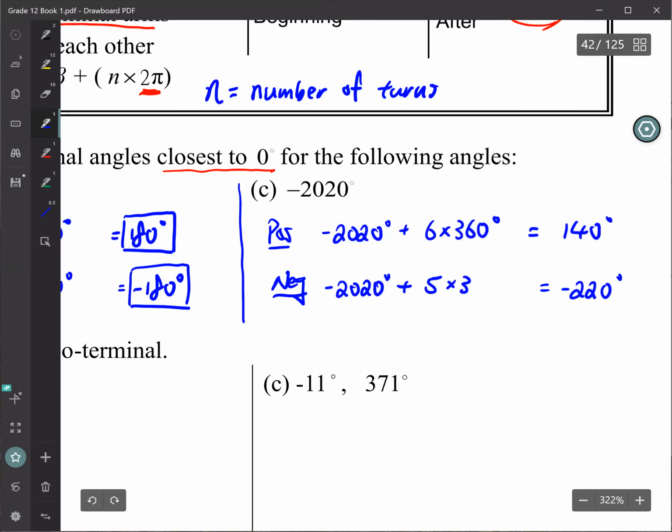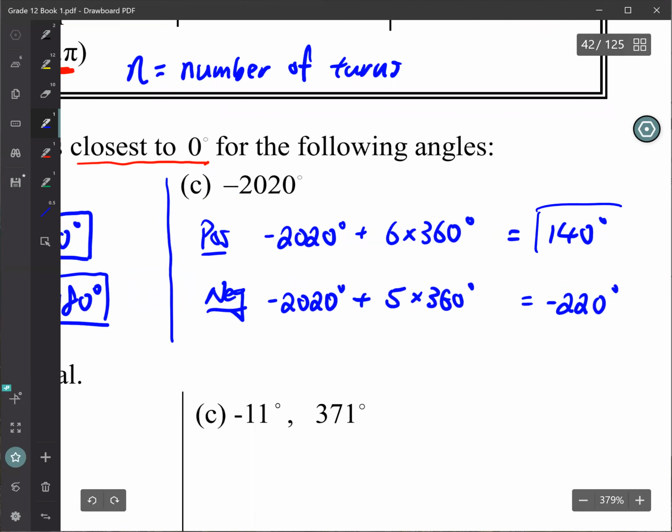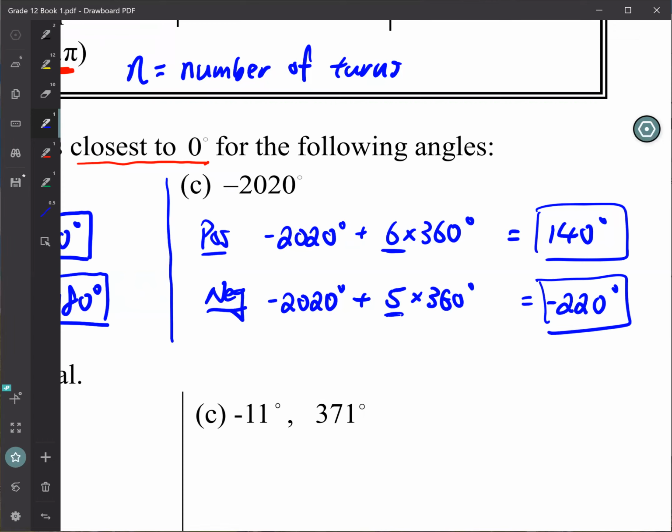Another way to think of it is, since you got 140, if I want to get a negative, then I just subtract 360 again. So that will reduce 6 terms to 5 terms. You can use your positive answer to get the negative, because positive and negative should be close to each other.